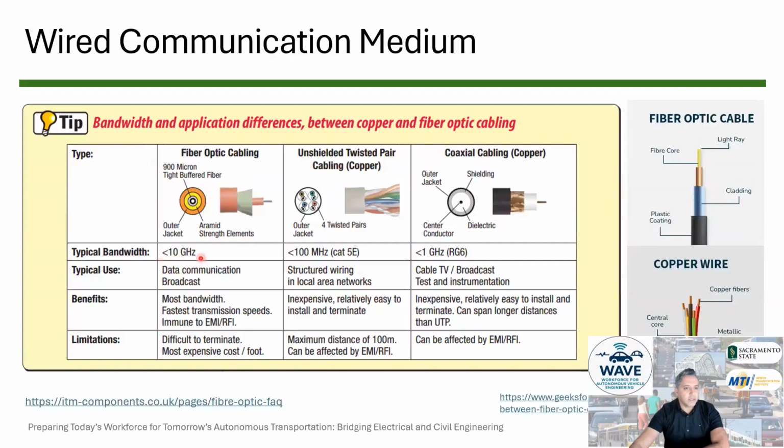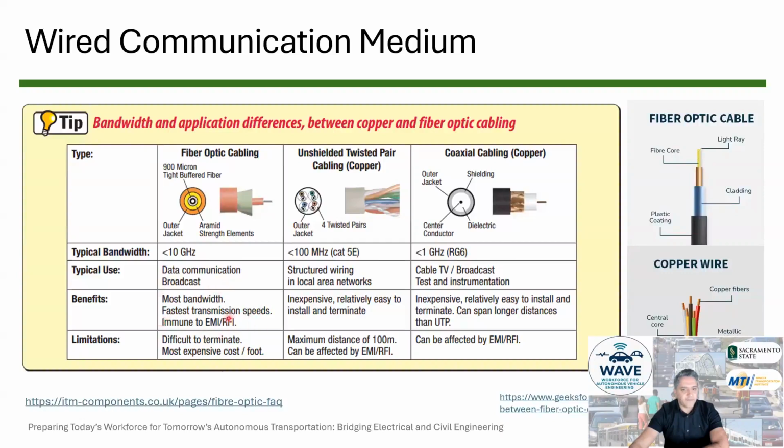Typical bandwidth for fiber optic is less than about 10 gigahertz, and gigahertz is like the frequency, and we have 100 megahertz and 1 gigahertz. You can see that coaxial cable is faster than twisted pair, but the fiber optic is much faster than the two other categories.